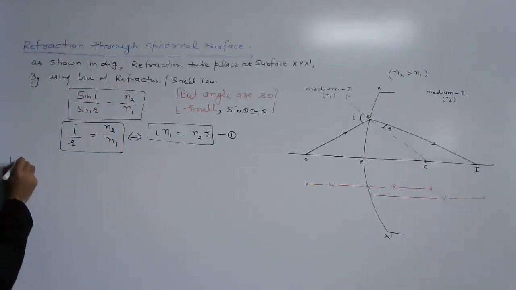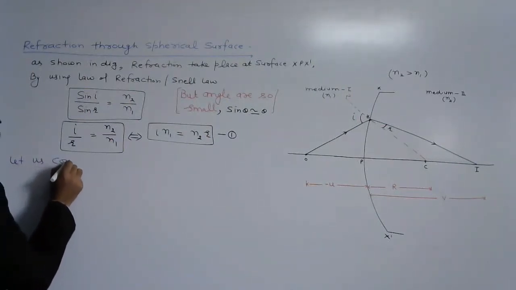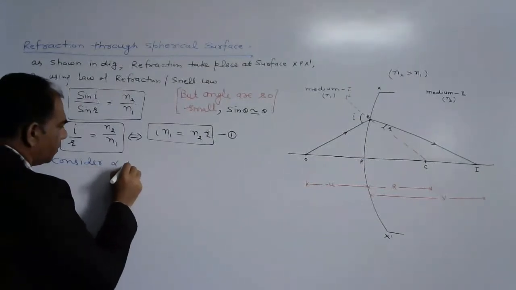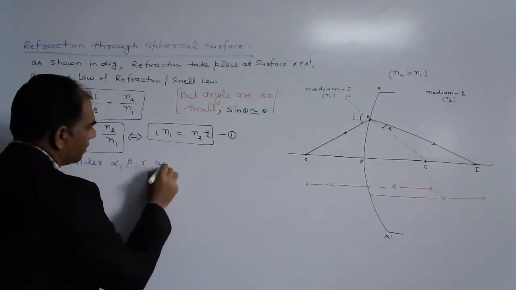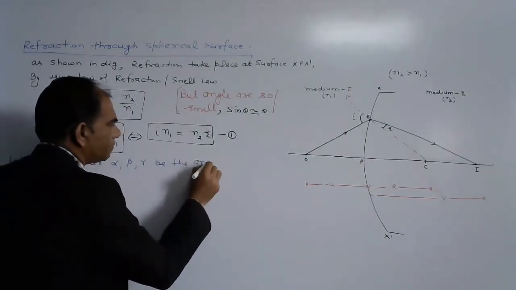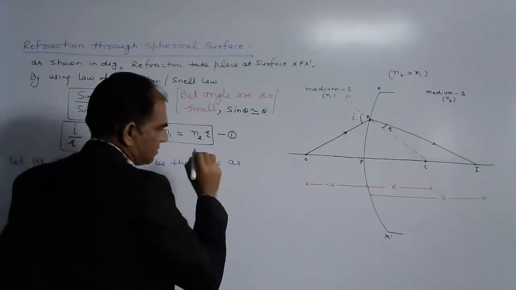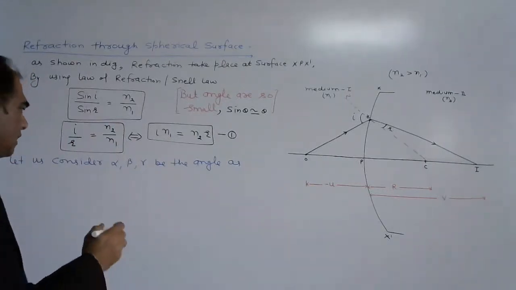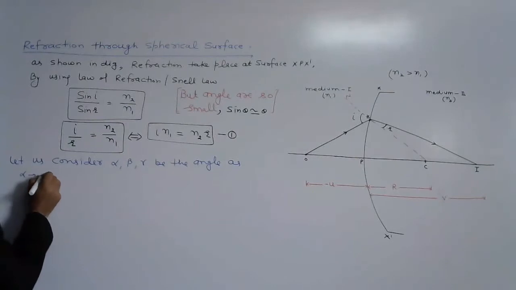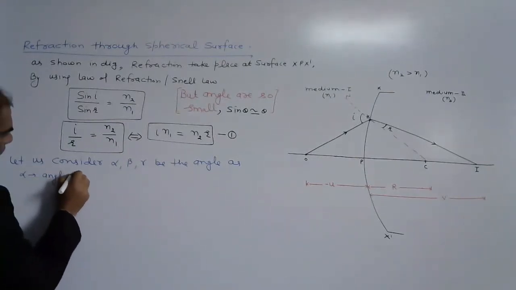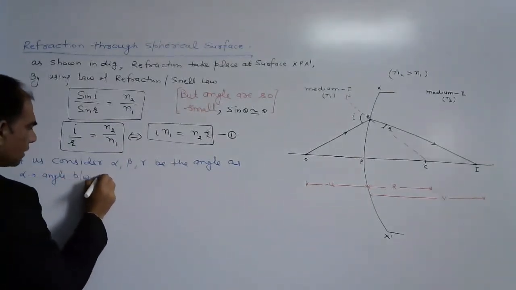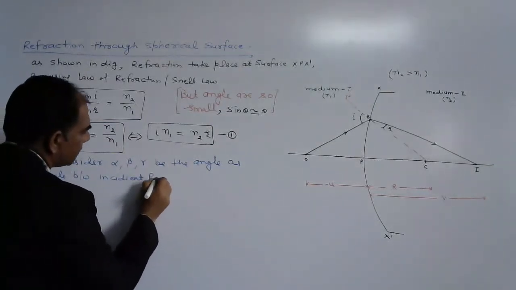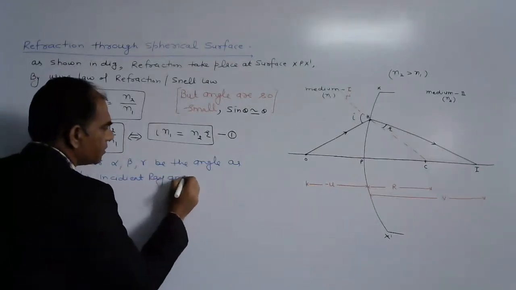Let alpha, beta, and gamma be the angles. Alpha is the angle between the incident ray and the principal axis.